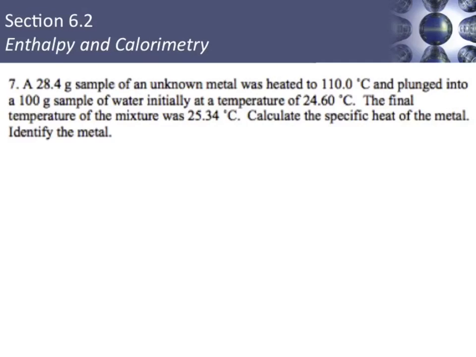So what do we know? We know the first law of thermodynamics says that the heat lost is equal to the heat gained. When I see the word lost, I think of negative. So negative Q is equal to our positive Q. What's the formula for Q?